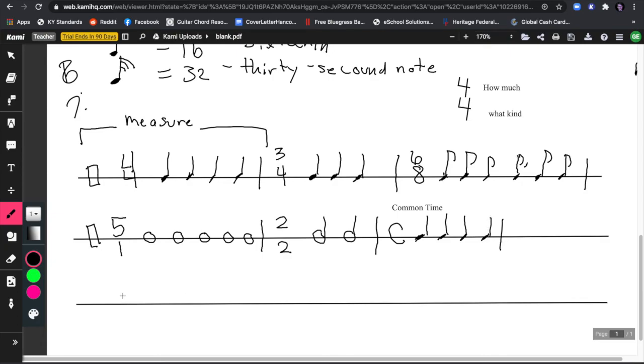The other one you will see is a variation on that. You'll see a C, and it looks like the cent sign. It has a slash right through it. This is common time, but it's cut in half, also known as cut time. The difference between that is cut time is this. So it looks exactly like 4, 4, but you fill it in 2.